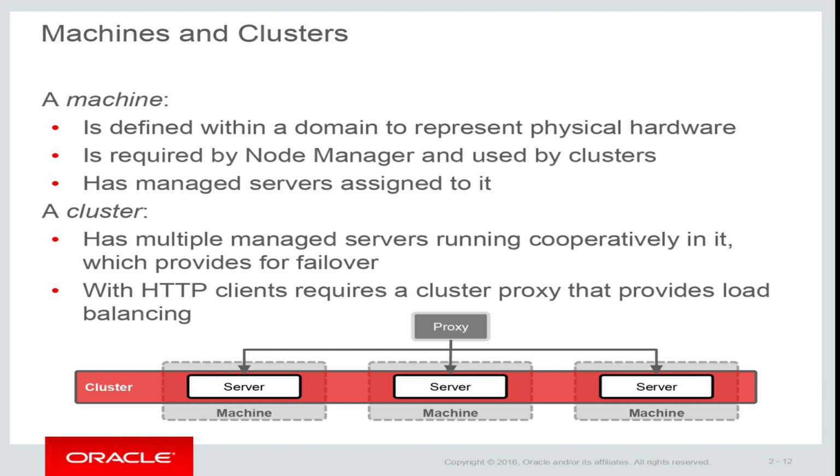This is just an example. We are not talking about high availability or failure problems, where if one machine goes down, every logical machine and the whole cluster goes down. This is not our problem here, just to understand the concept. So a cluster has multiple managed servers running cooperatively in it, just a definition.